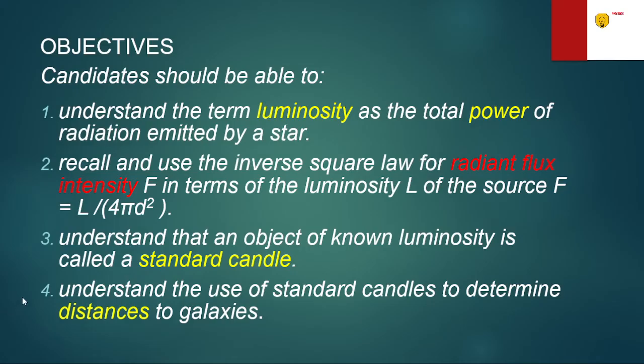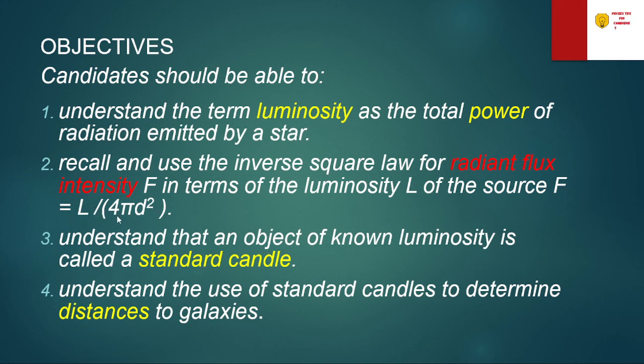So you now understand the term luminosity, that it is the total power of radiation that is emitted by a star. You now know how to use the inverse square law of radiant flux intensity, that is F is equal to L over 4 pi d squared.